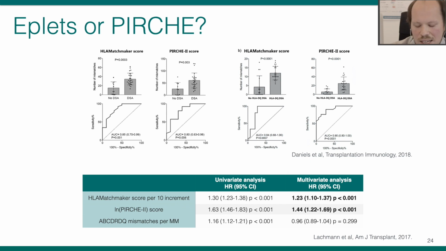So that means both have their unique and individual impact on the predictive capability of epitope matching. And just to be consistent here, classic HLA matching is already far beyond then, and it's already covered by both MatchMaker and PIRCHE together.